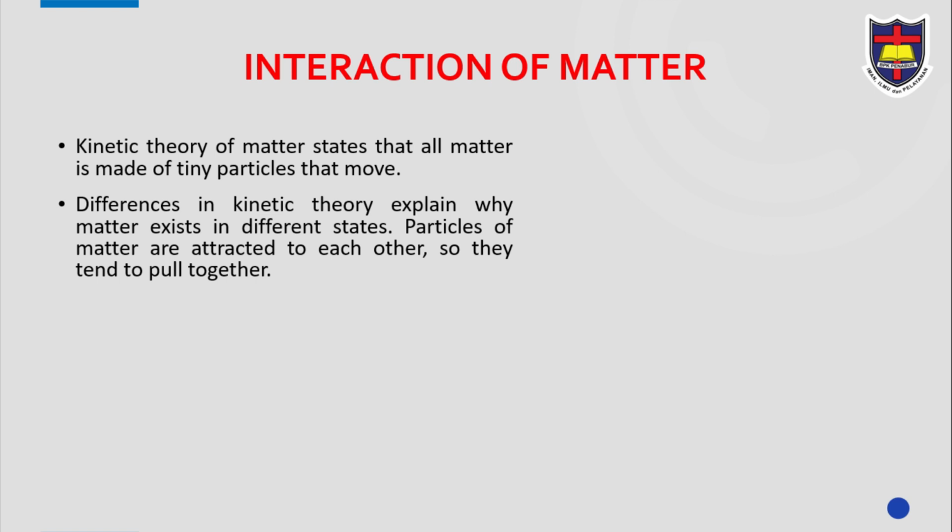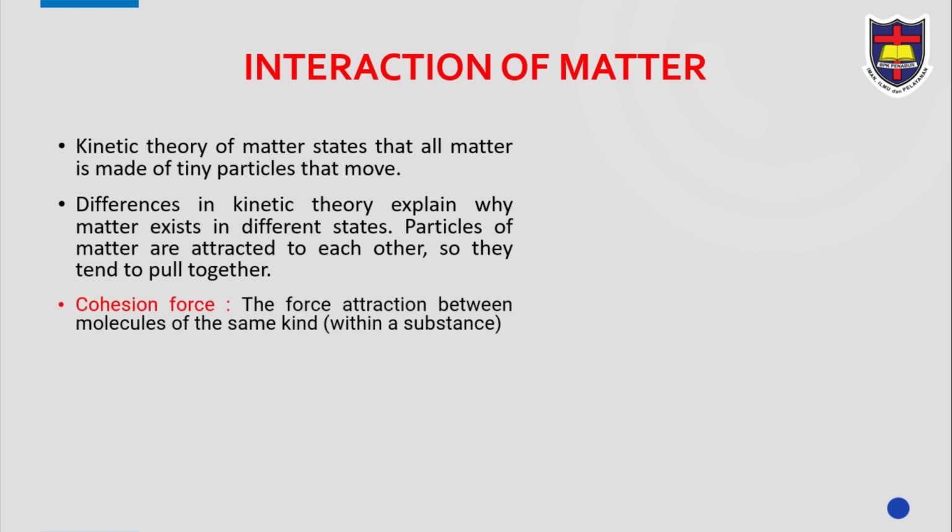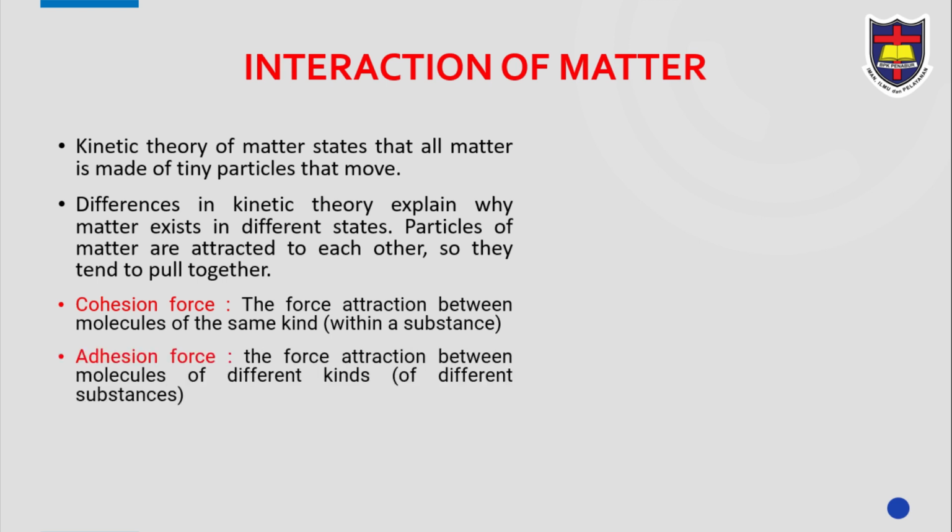The attraction force between molecules of the same kind or within a substance we call cohesion force, and the attraction force between molecules of different kinds of different substance we call adhesion force.